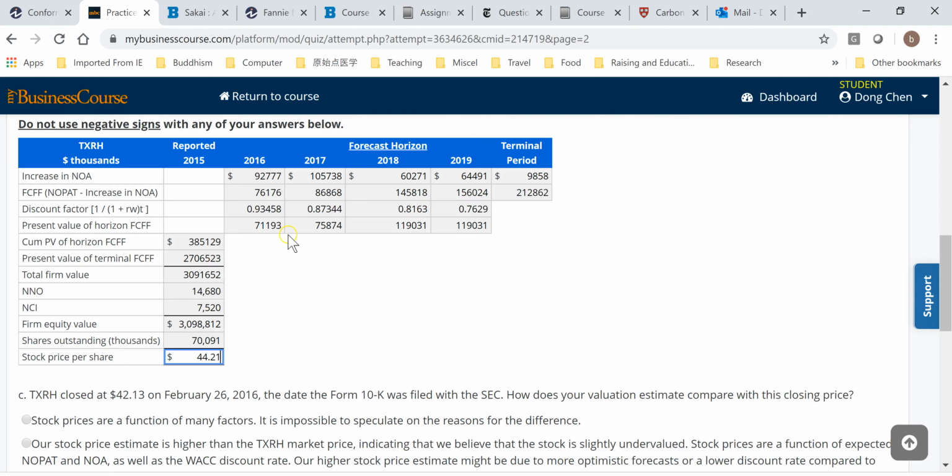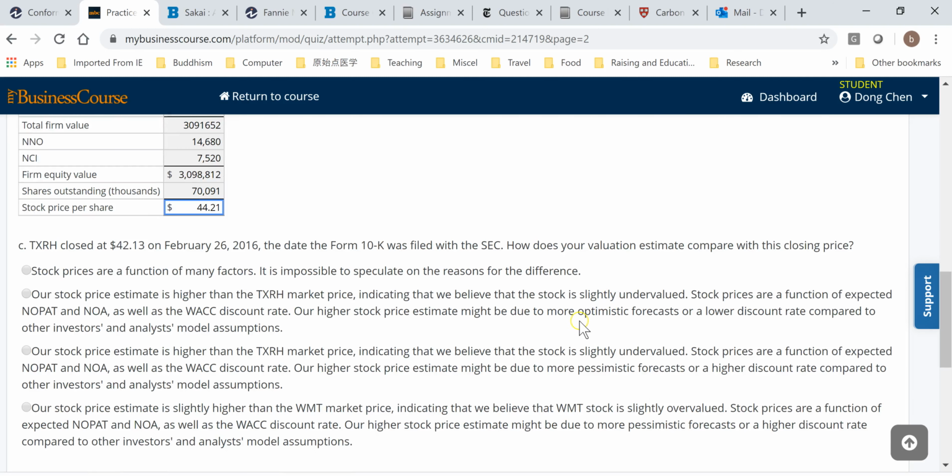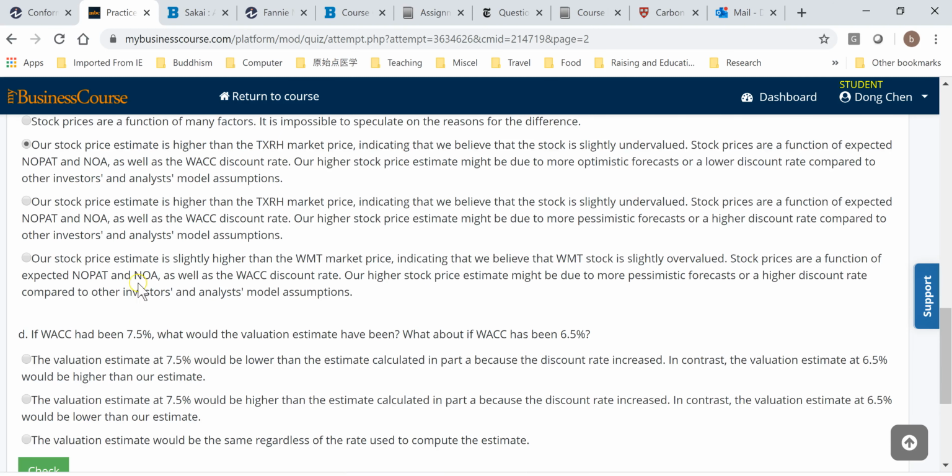And our forecast, for example the growth rate for the terminal period, might also be more optimistic, so that can also drive up the intrinsic value. So this is correct. We don't even have to look at other answers. If you do, I believe you will find they are not correct.